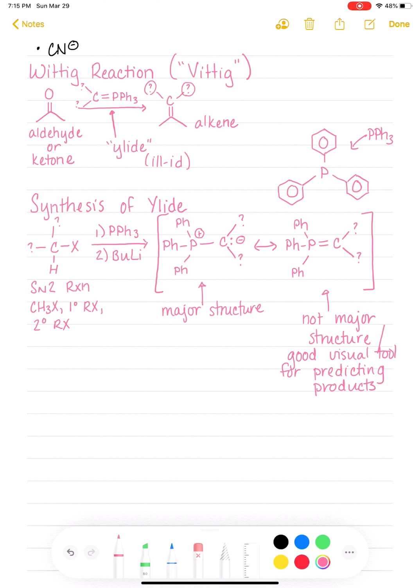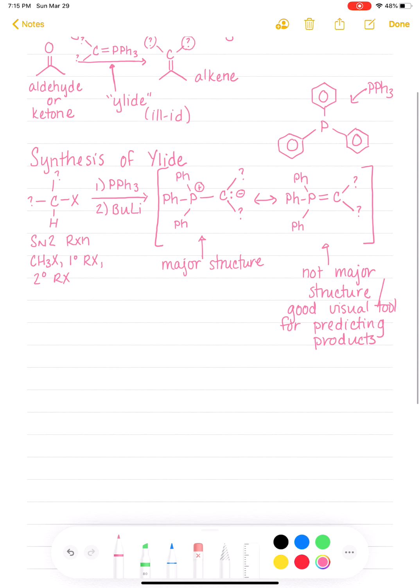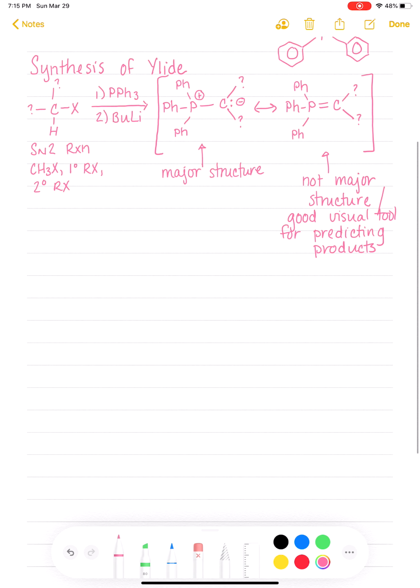Even though I know that the carbon-phosphorus double bond is not the main structure, I still like to draw it that way because it helps me predict the products of the reaction. This is a reaction that we're not going to learn the mechanism for, which is nice because it is a pretty crazy mechanism. We're just going to go straight to predicting the products of a reaction.